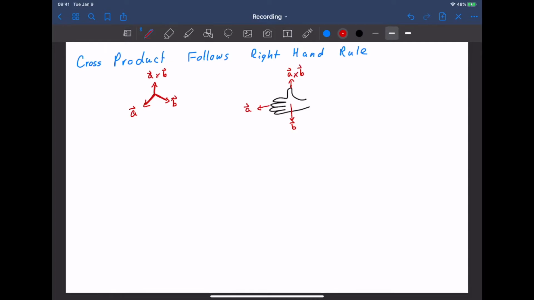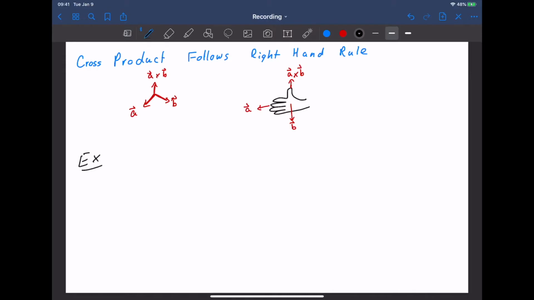It's the right hand, not the left hand. B is coming out of the palm. That's what makes it the right hand rule. You could also picture twisting your fingers from A to B using your right hand. If you twist your fingers, you're going to have your thumb pointing up in the direction of A cross B. Very mildly important, it helps you spatially orient. Then that would be good.